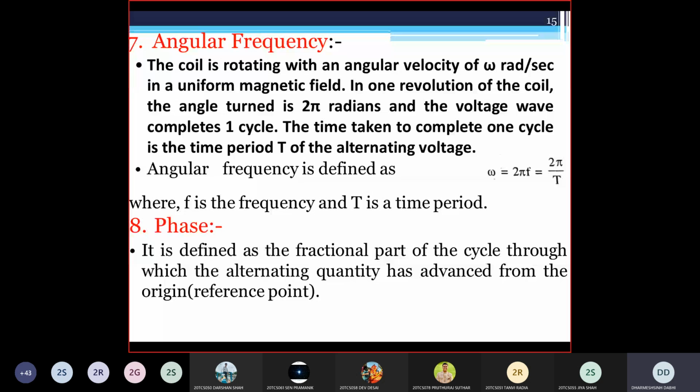So the difference between the reference point, where your waveform starts from zero magnitude, and the point from which another waveform starts at the same time. Suppose another waveform starts at the maximum value, and one starts with the zero value. So what is the phase? It is the fractional part of the cycle through which the alternating quantity advances from the origin or reference point. That is called the phase.